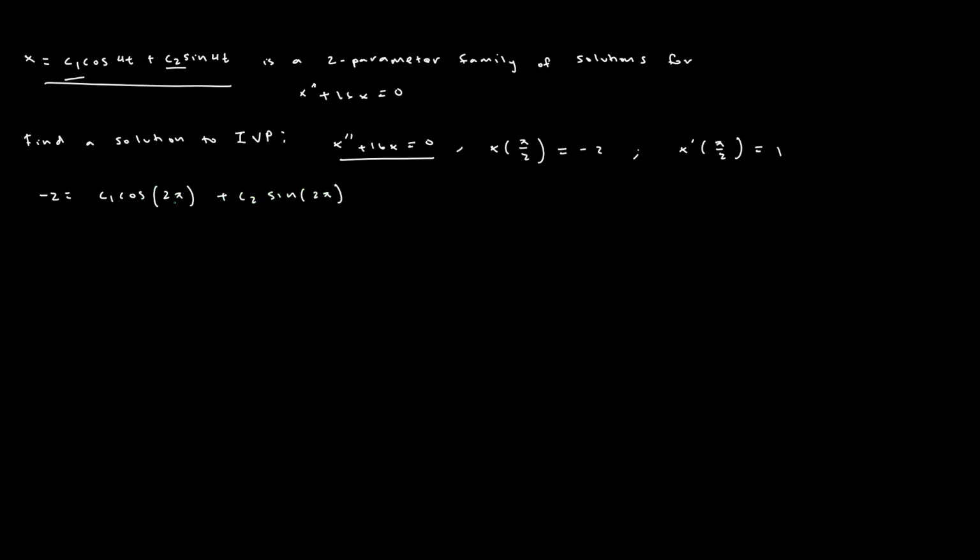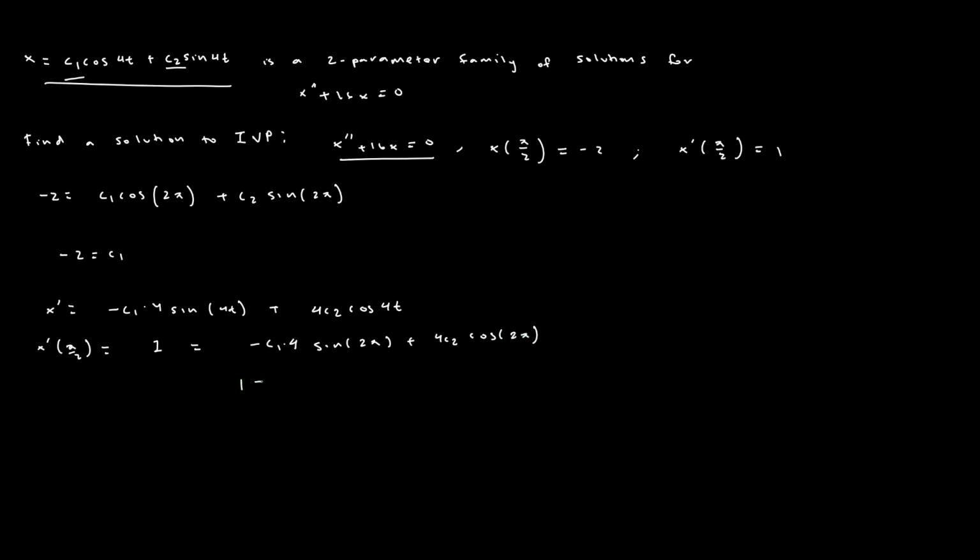So this is 1, so -2 is equal to c1, and then x prime is equal to -c1 times 4 sine 4t plus 4c2 cosine 4t, and x prime of pi over 2 is equal to 1, which is equal to -c1 times 4 times sine 2 pi plus 4c2 times cosine 2 pi. And so 1 is equal to 4c2, and so c2 is equal to 1/4.